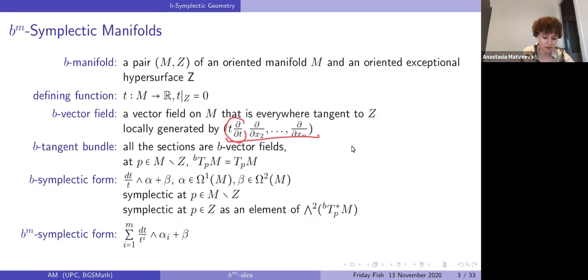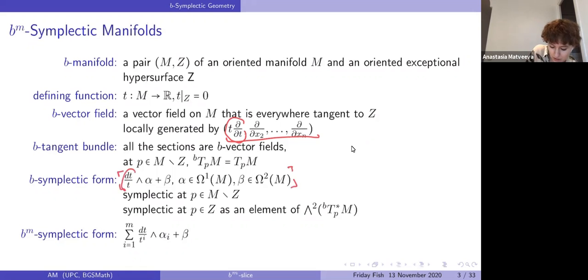As well, you can define the B-cotangent bundle, and now you have everything to define what the B-symplectic form is. In a sense, a B-symplectic form is just a symplectic form, a closed, non-degenerate 2-form, but in the sense of B-cohomologies.